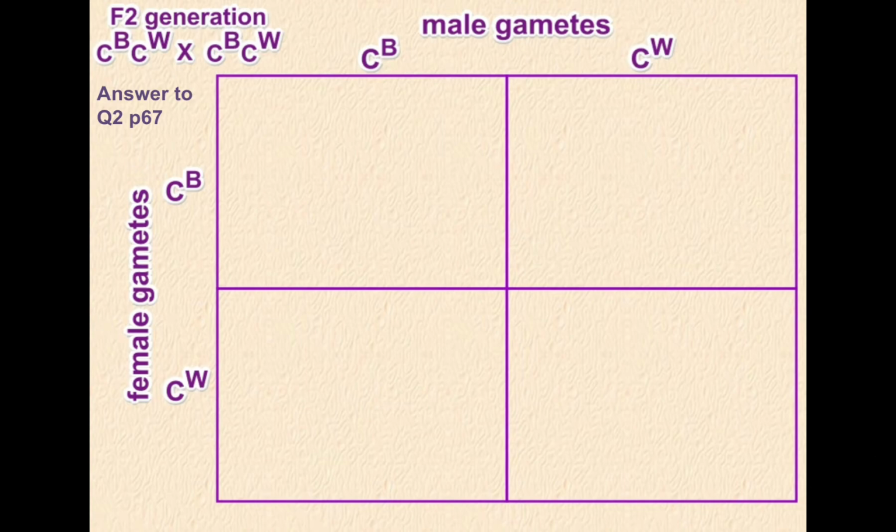If we look at the second generation, the blue slate fowl will produce gametes with either the black or the white allele.